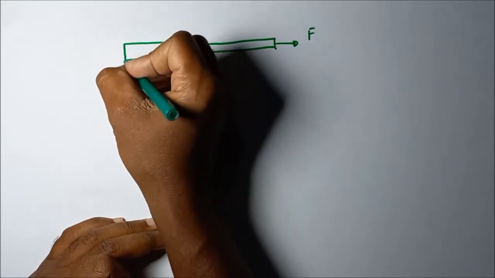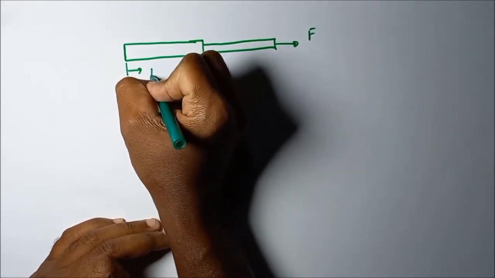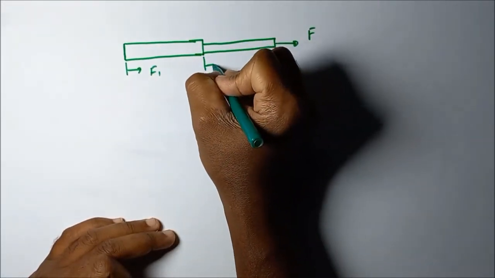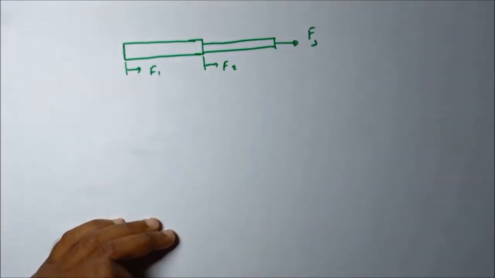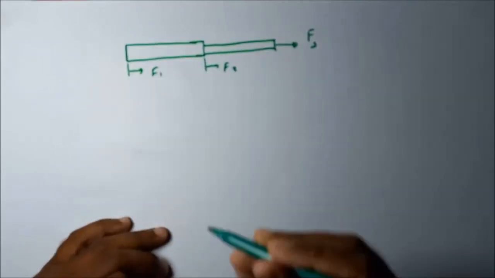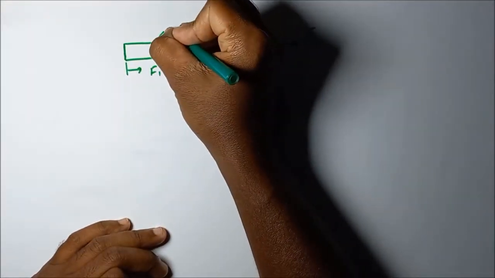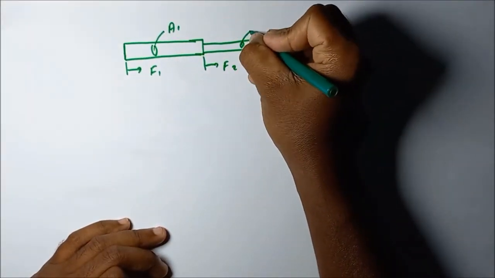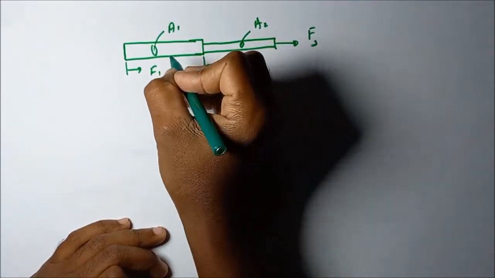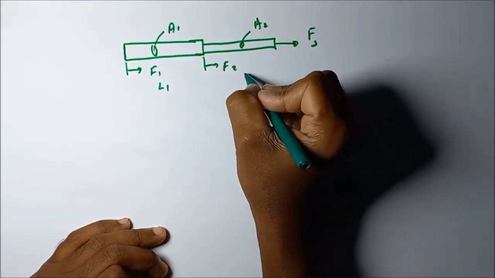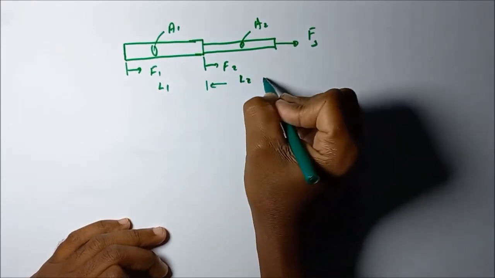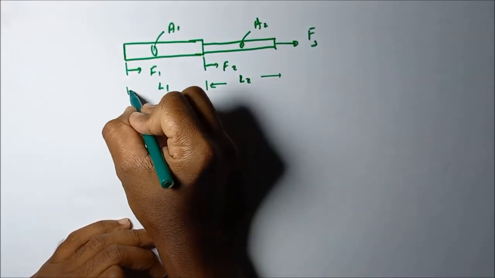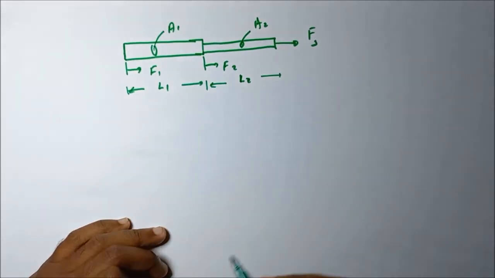Let's take these points with forces F1, F2 and F3. This bar element has cross-sectional area A1, this one A2, then lengths L1 and L2.